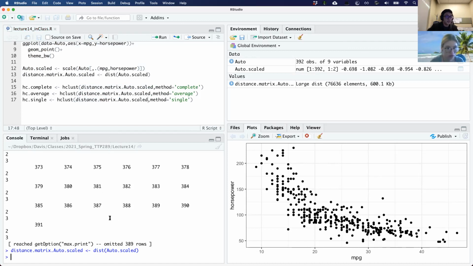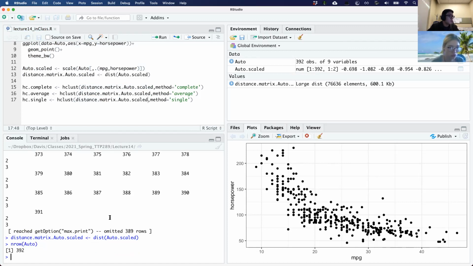Okay, so there are 392 data points within auto. If I look at the distance matrix, this is going to give me the pairwise distances between every set of points.